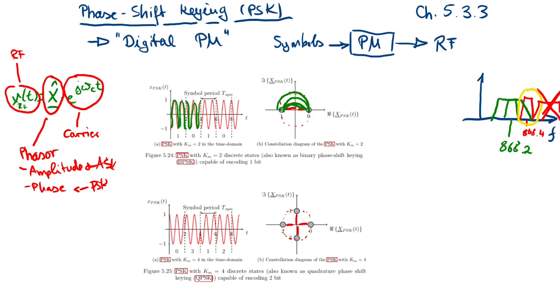But however, let's look how this example works. So we start with 0, and then we go to symbol 3. So we have a phase shift, a phase jump by minus 90 degrees, and then it jumps to 1. So there's a phase shift of 180 degrees, and then to 2.